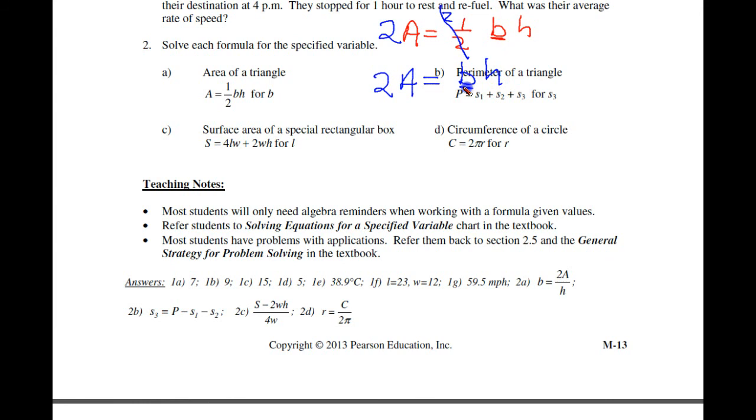And again, we want to solve for the B. So whenever we have a product, we get rid of the coefficient by dividing by the letter we don't want. So we're going to take the H out of there, H out of there. So B equals 2A over H. Right there.